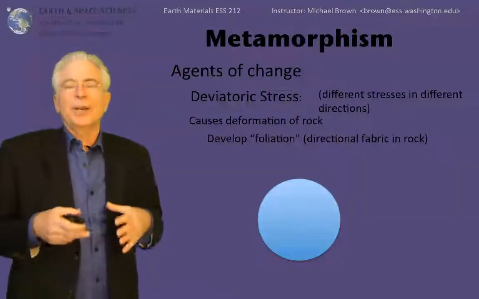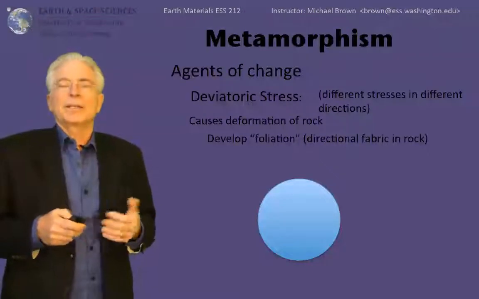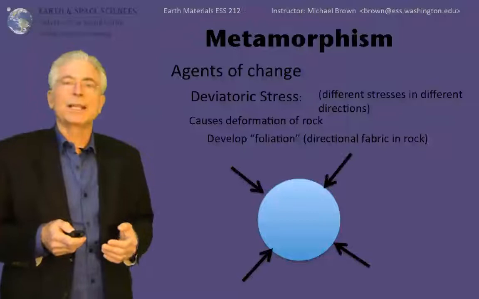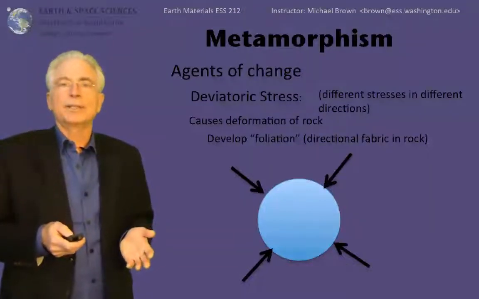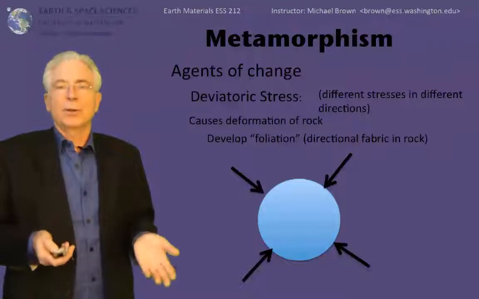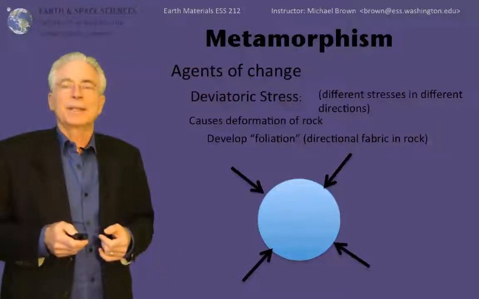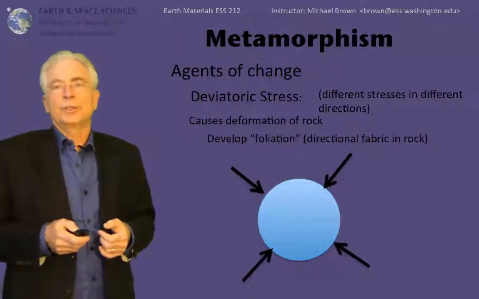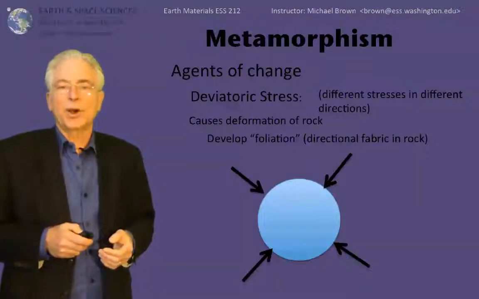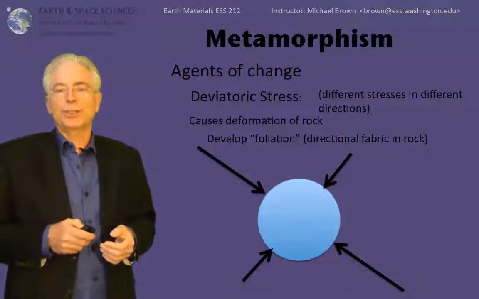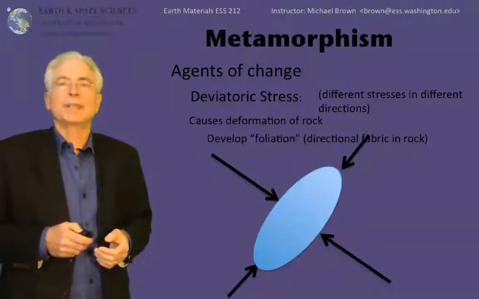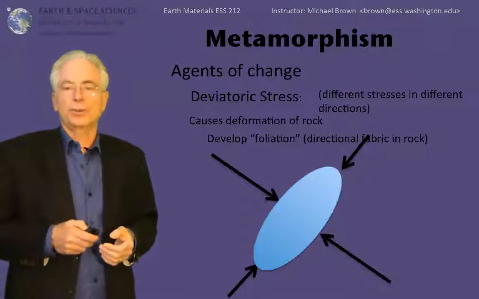If you imagine a spherical rock exposed to isostatic pressure that is the same in all directions, I illustrate that with arrows pushing in on this sphere, and all the arrows are of the same length. However, if due to collisional forces in plate tectonics, one set of arrows becomes larger, there's a larger force pushing on the rock in that direction, the rock can strain to compensate for that deviatoric stress.